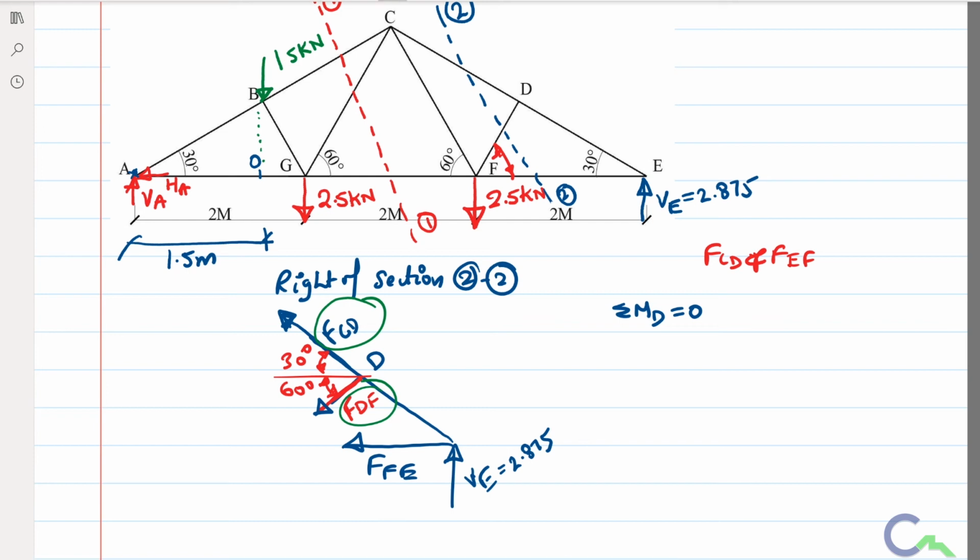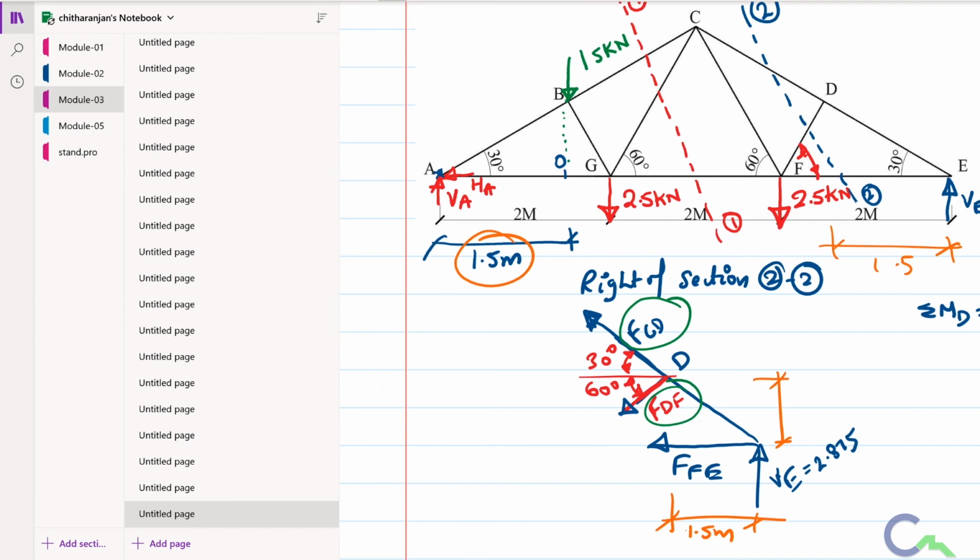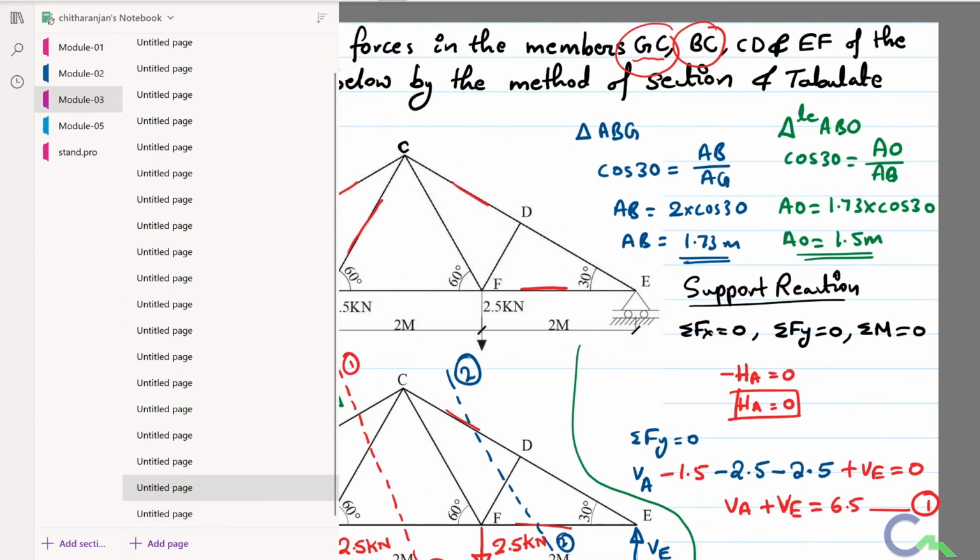For that I want this distance. This is symmetric, therefore if this is 1.5 meter, from D to E will also be 1.5 meter. Then the vertical distance we also calculated in the previous step, so that is here.